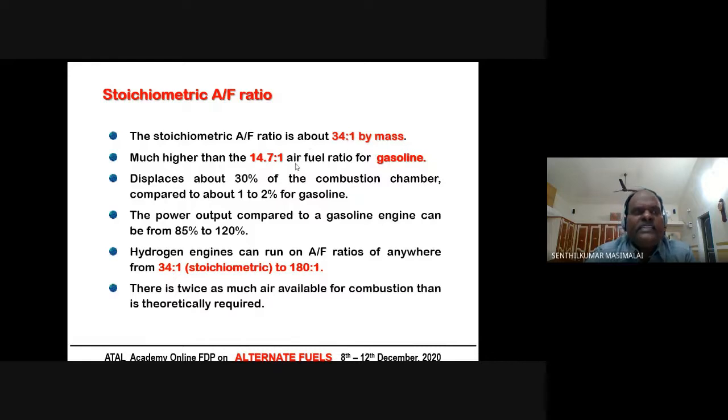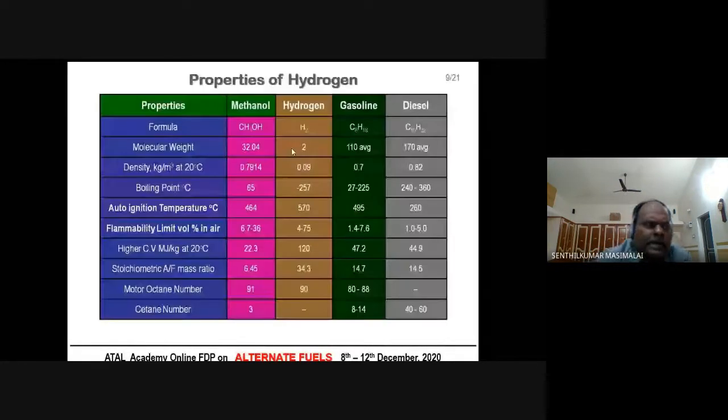That means that in a conventional engine, hydrogen can be operated at a very lean mixture. So when compared to gasoline, a small amount of hydrogen is sufficient for achieving the same power output of the gasoline engine with gasoline as fuel. So that is the thing.